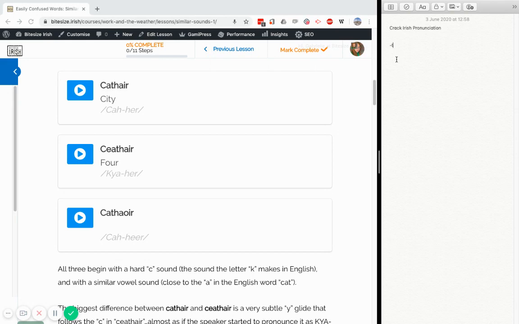We saw that the T-H-A-I-R gave us more of a 'her' sound, and the T-H-A-O-I-R gave us a 'here' sound. I'll pop these notes with the lesson as well.